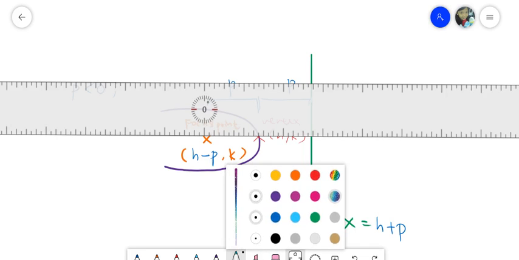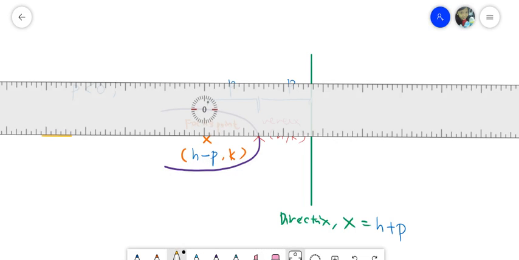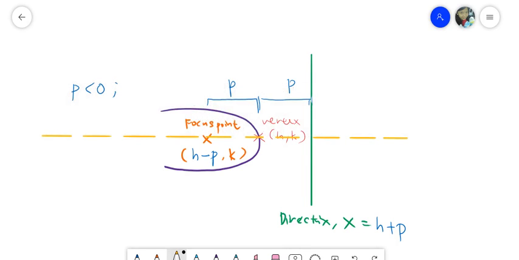Do remember it must be a dotted line. The symmetry line must be the dotted line that goes across the three things here: the focus point, vertex, and the directrix. And do remember to name it: y = k.